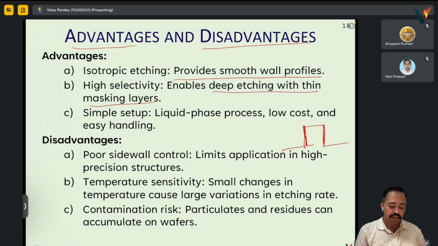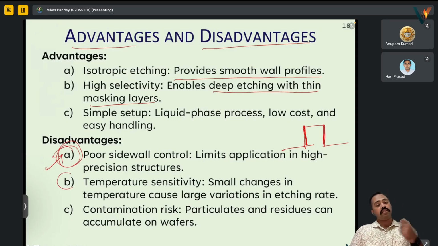One very important problem when we are shifting to smaller dimensions is poor sidewall control. Second is temperature sensitivity, and this will become more relevant when we are going for lower sizes because there we need better control. Third is contamination risk.